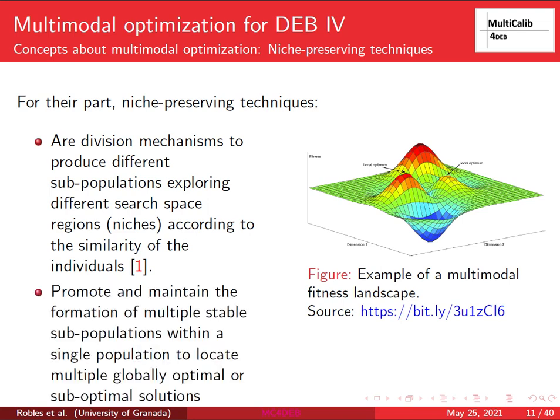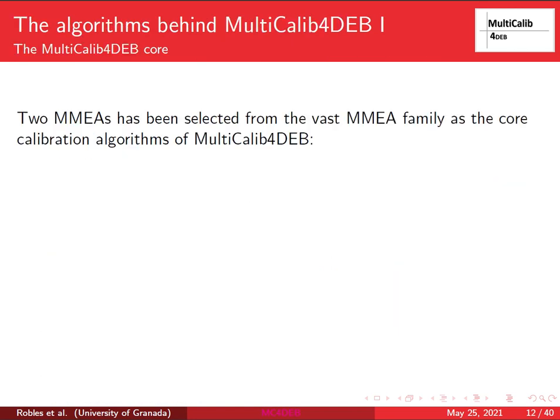In this way, the solutions that a multimodal evolutionary algorithm returns are optimal and different between them. From the long and growing multimodal evolutionary algorithms family, we selected two of the best performing methods as the basis of the MultiCalifor Dev calibration module.